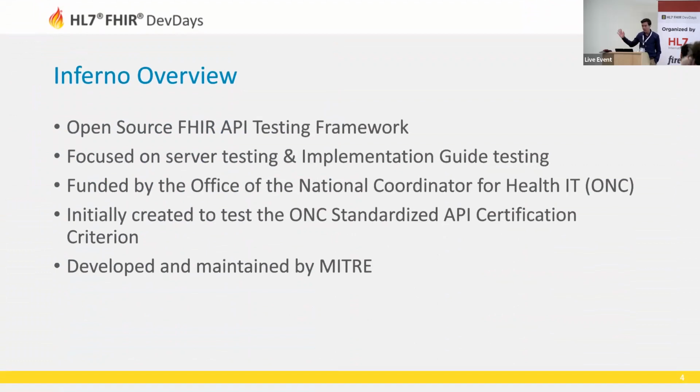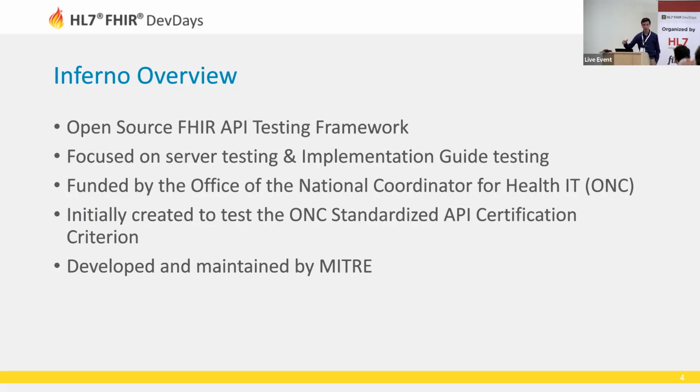Okay, so with that quick overview of G10, we're going to transition into talking about Inferno. Inferno is an open source FHIR API testing framework that is focused on server testing and implementation guide testing. It was initially created and funded by ONC as a test tool to test the ONC standardized API certification criterion.